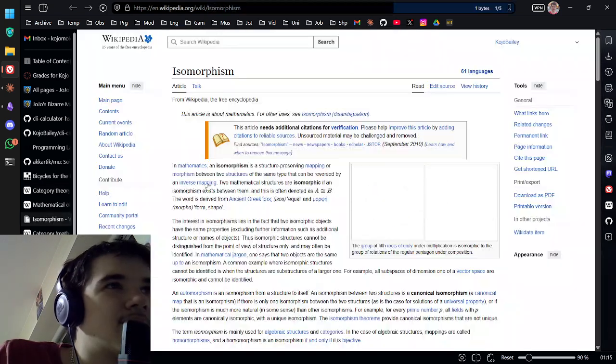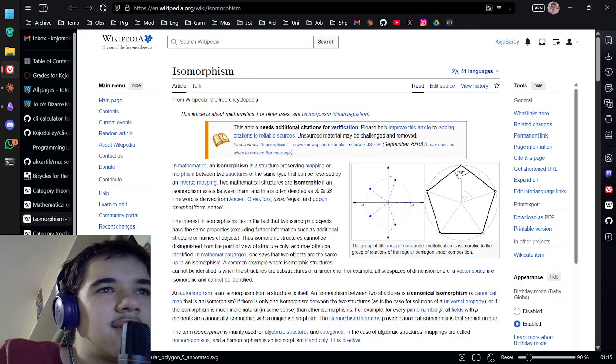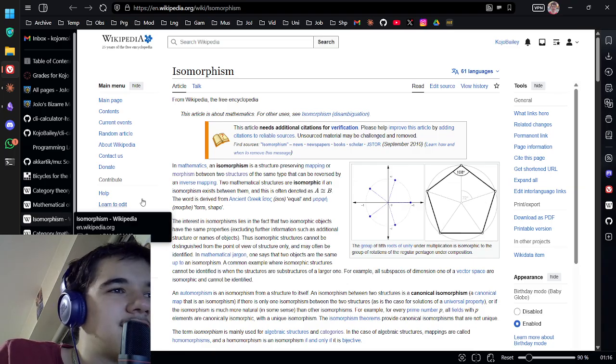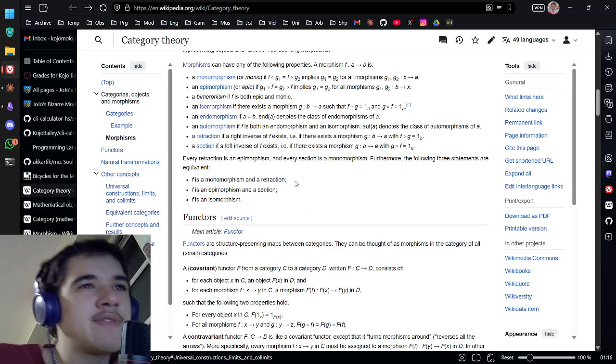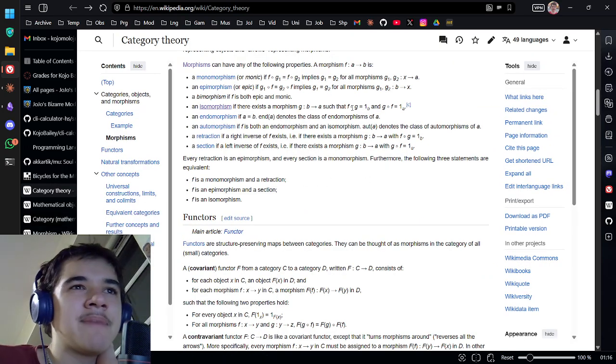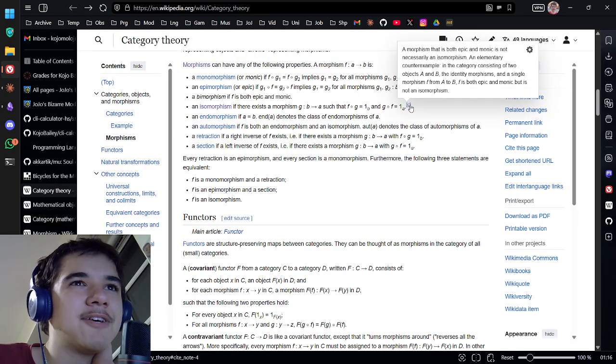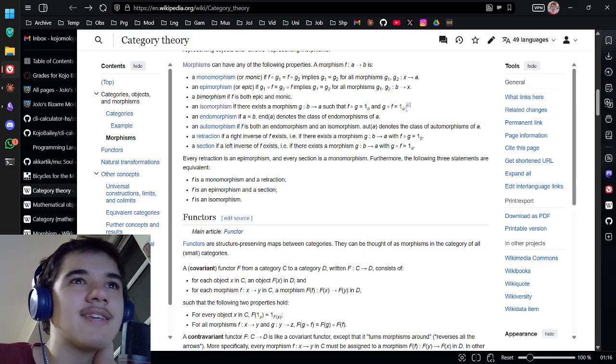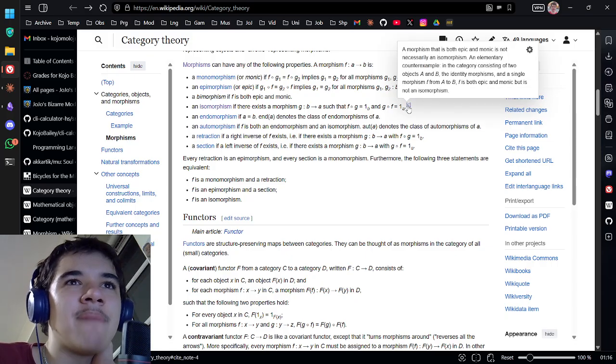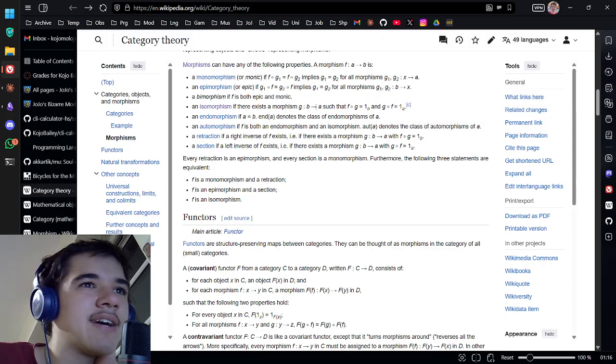Generally, what is going on? I know what isomorphism is geometrically. The thing with these equations is they make sense once you get it, but if you don't get it, it hurts. A morphism that's both epic and monic is not necessarily an isomorphism. Fine.